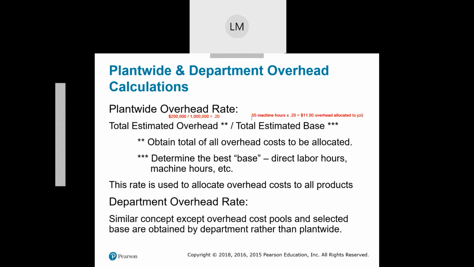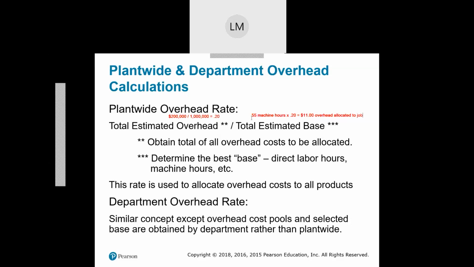So what am I going to do with the total estimated overhead? I'm going to try to find out, for each of the overhead costs that we're incurring, how much, and what department is it going to affect? Is it going to affect Department A or Department B? In some cases, I'll have to split that up.